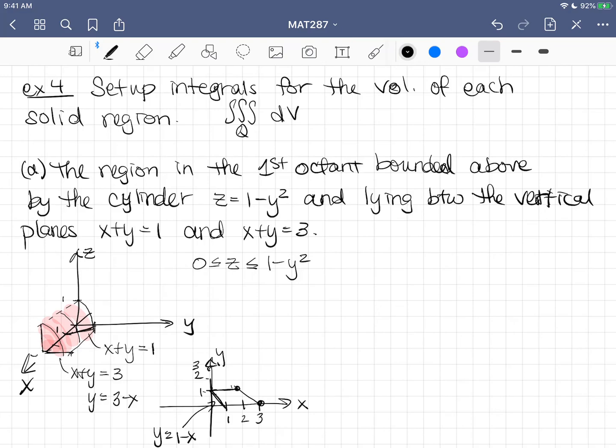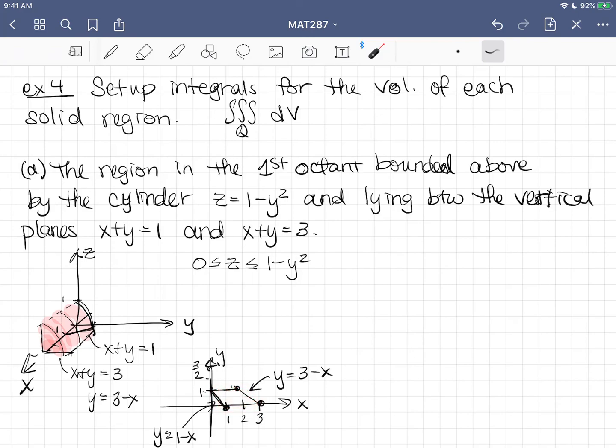And that's because it's coming out from that curve here, right? So this crossed at y equaled 1. That's where it hits the xy plane. All right, so here's our region. I've got y equals 1 minus x here, y equals 3 minus x here. Now I want to decide next if I want to take vertically simple or horizontally simple.